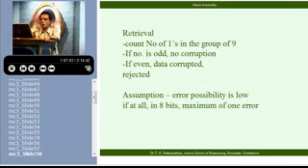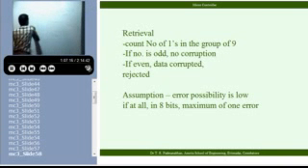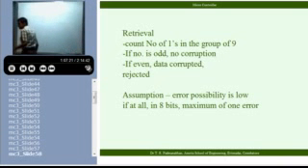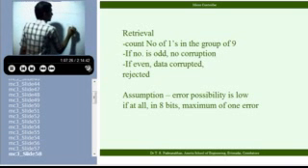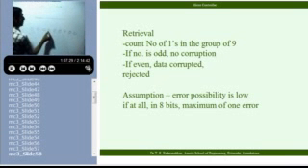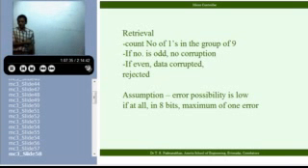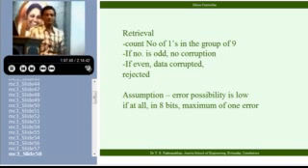Odd parity is more common because when you use even parity, sometimes the total number of ones may be 0, all zeros. When it is all zeros, you are always uncomfortable whether you have got data or not. To avoid that, you just go for odd parity.